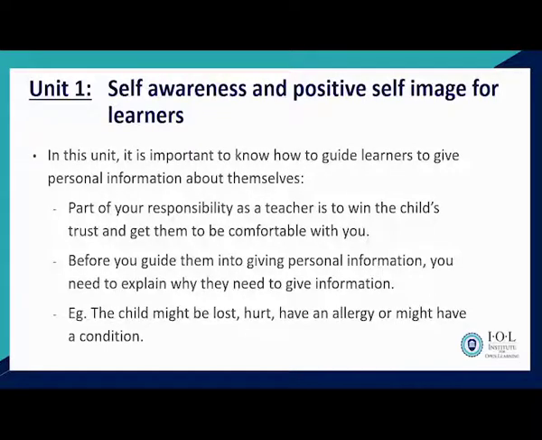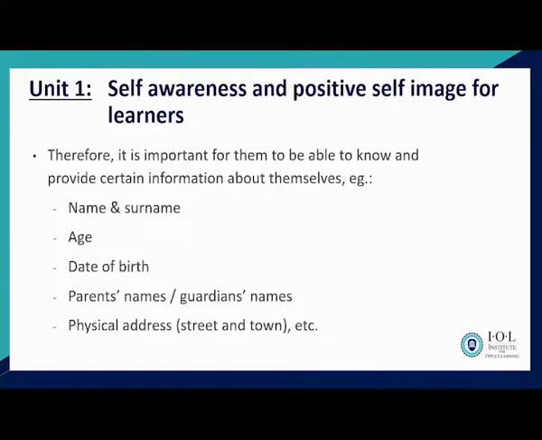For example, the child might be lost, hurt, have an allergy, or might have a condition. Therefore, it is important for them to be able to know and provide certain information about themselves. For example, name and surname, age, date of birth, parents' names or guardians' names, physical address, the street and town, etc.